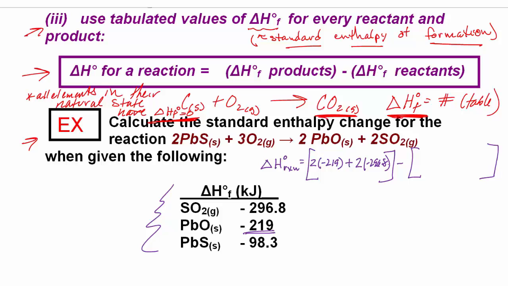Minus the reactants' enthalpies of formation: 2 moles of lead sulfide, negative 98.3, and 3 moles of oxygen. Now, oxygen is in its natural state, so it's 0. So they're never in the table.